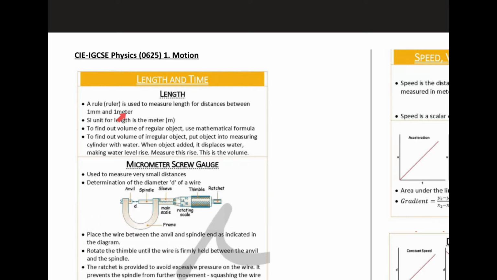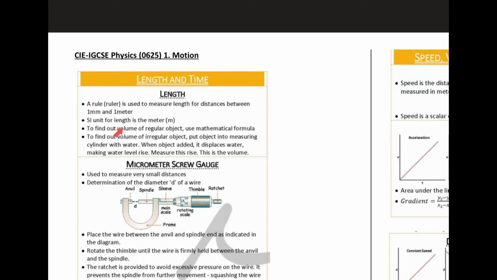If you have used a ruler before, you should know the smallest part of the ruler is 1 mm. The ruler that we are talking about is the 1 meter ruler, not the ruler that you put in the pencil box. That's why it can measure from 1 mm to 1 meter. The SI unit for length is the meter.